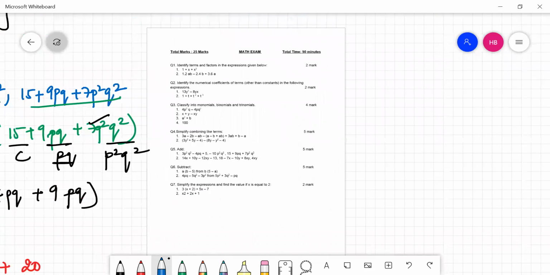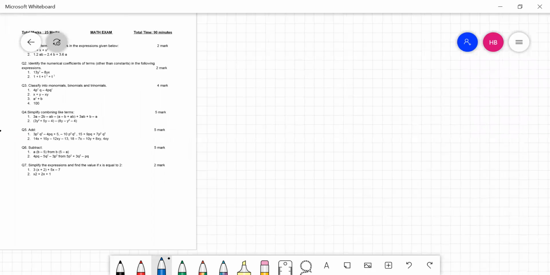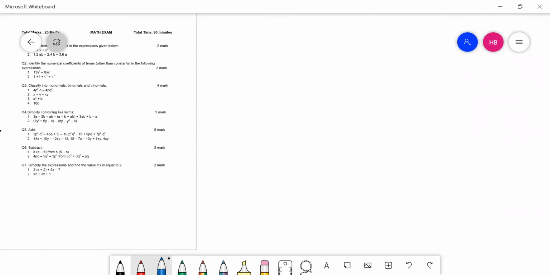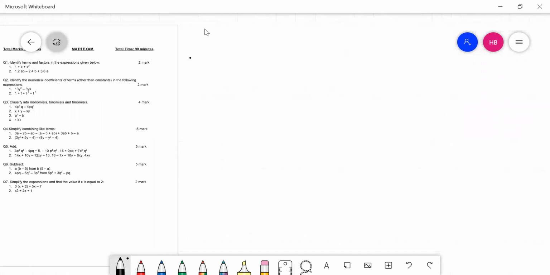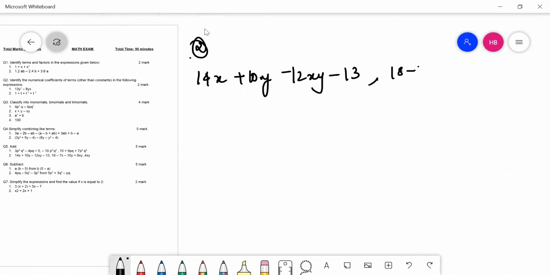Okay. Let's move to the second part of the addition, and I'm going to write the question here. The second part is 14x plus 10y minus 12xy minus 13 is one algebraic expression, another one is 18 minus 7x minus 10y plus 8xy, and the third expression is 4xy.